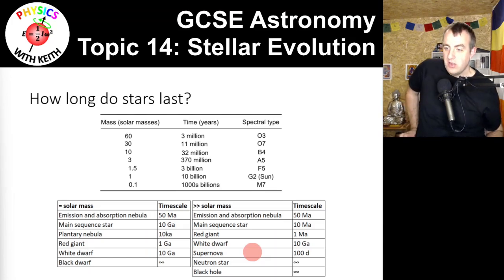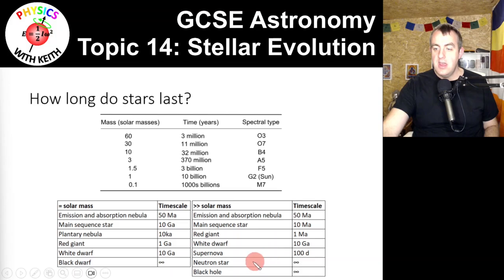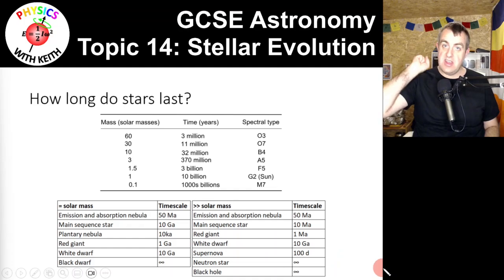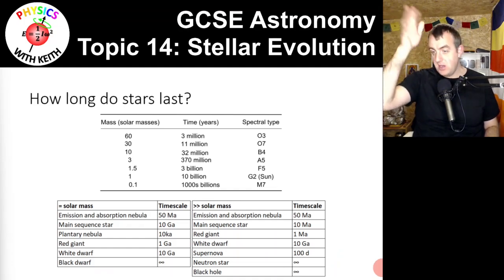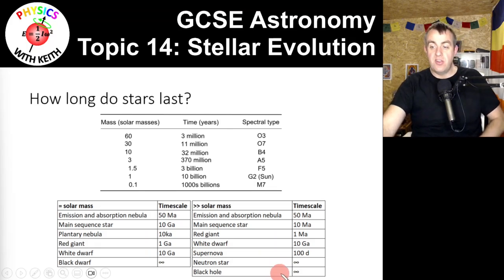So that's why that's not included on the right-hand side. Instead, we've got supernovae, and they last for less than a year, just hundreds of days, some of them even shorter than that. Then you've got your neutron stars. They'll just sit there forever, as far as we know, or long enough that there's no point measuring it. And black holes are the same.